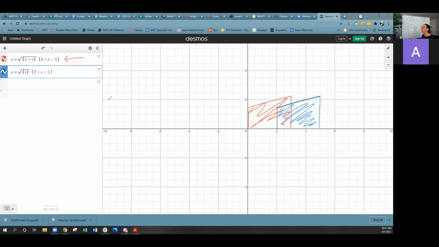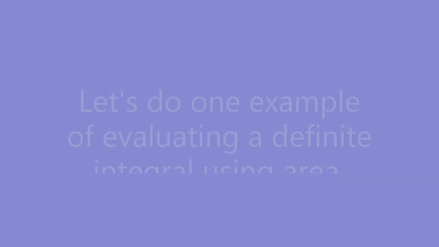So even though the definite integrals look pretty different, those definite integrals are just a representation of that area under the curve, and the areas for both of those are identical.